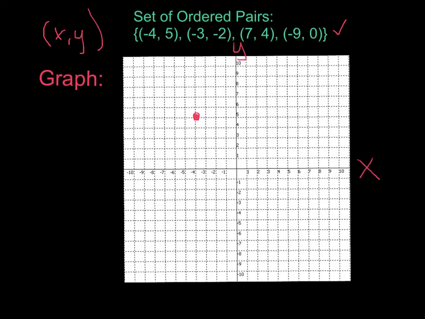Negative 3 on the x, negative 2 down. Right 7, up 4. And then negative 9, left 9, up 0. So we have these 4 separate dots. We do not connect them because it does not represent a continuous constant equation. It is simply 4 separate points relating x and y. So we leave it at 4 separate points.